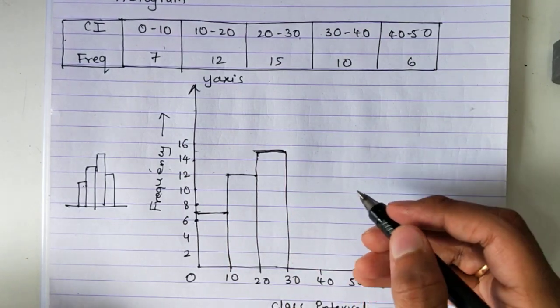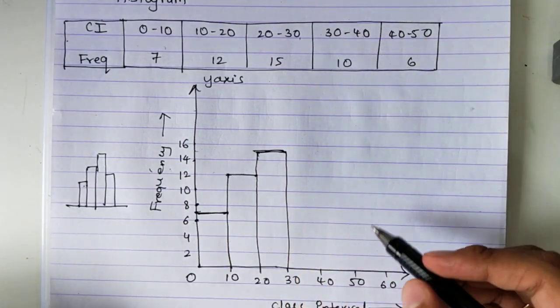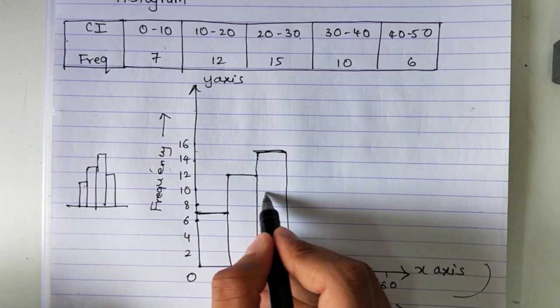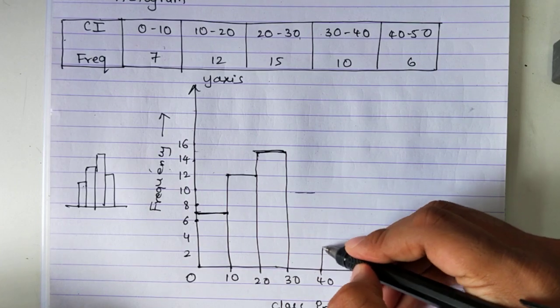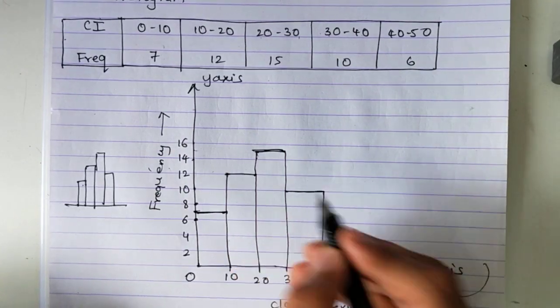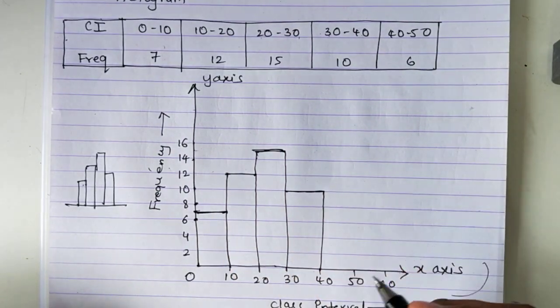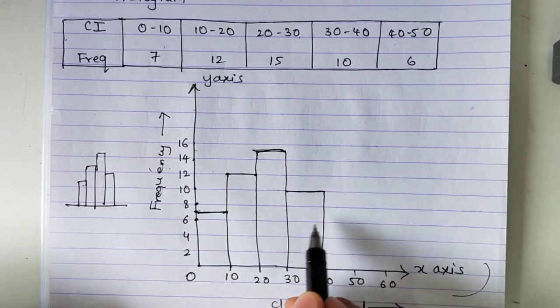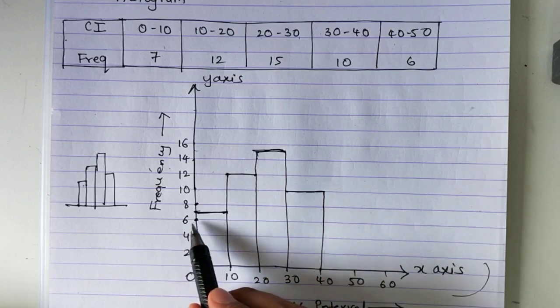This is 15. Then 30 to 40 is 10. 10 means this height, like this. And 40 to 50, the last one, is 6. 6 is this height. Frequency is written here. So 6 is here.